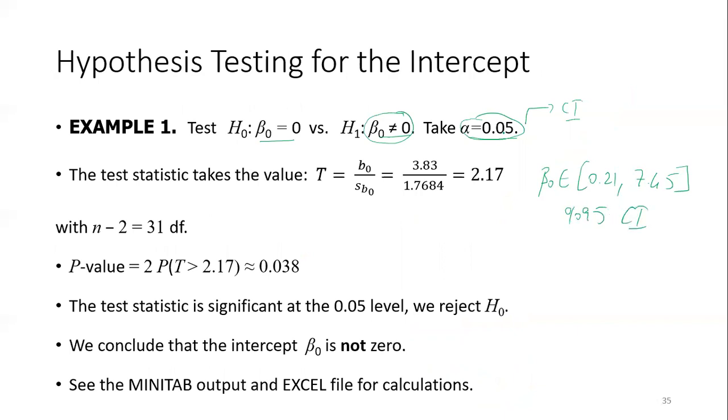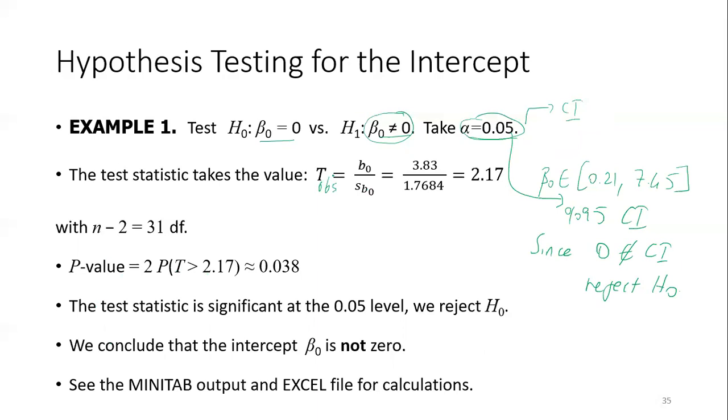Since the alpha is the same, I can conclude the test without making the test. Since 0 is not in the confidence interval, you can reject H0.